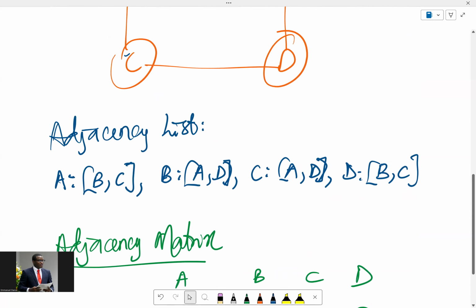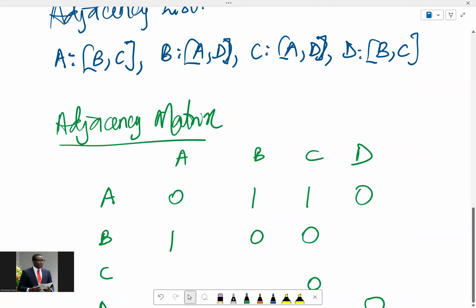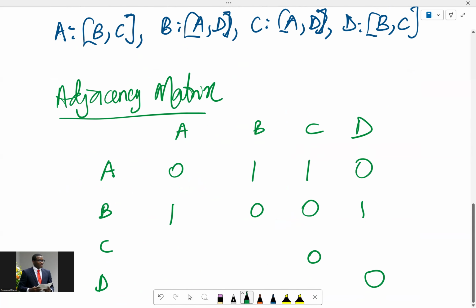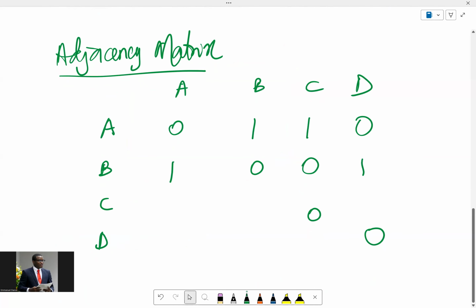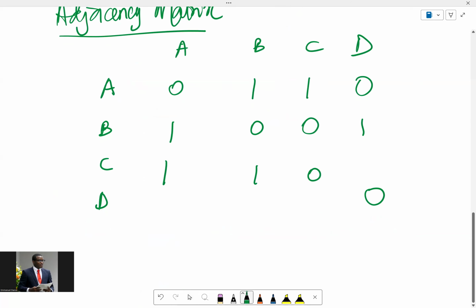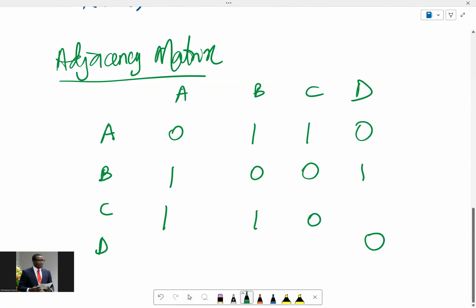B and C has nothing joining them, so you have zero. B and D has a line joining them, so that's one. Then C and A: AC is one, so CA is also one. There's a line joining CB, so you have one. AD, there's no line joining it, so we have zero.